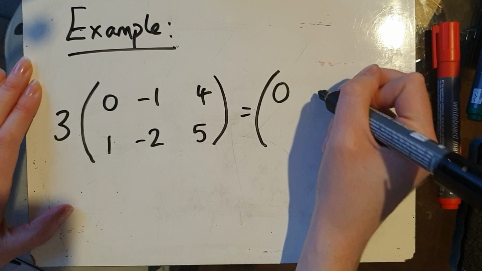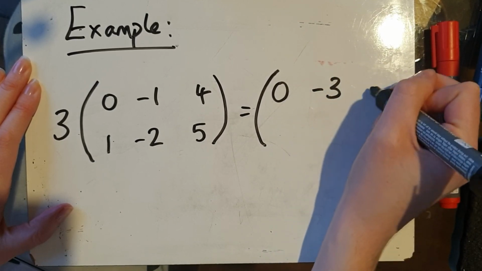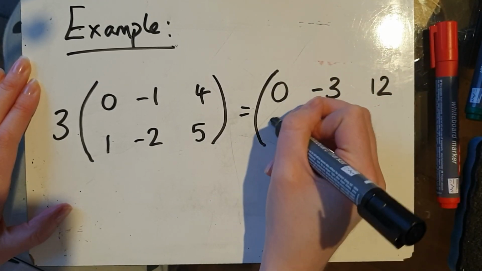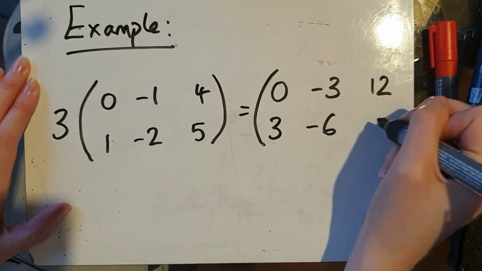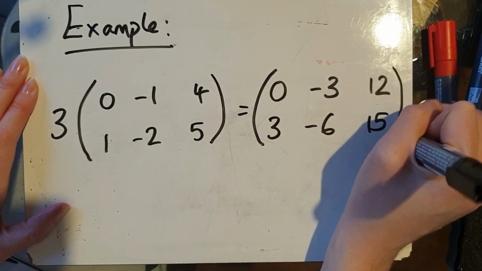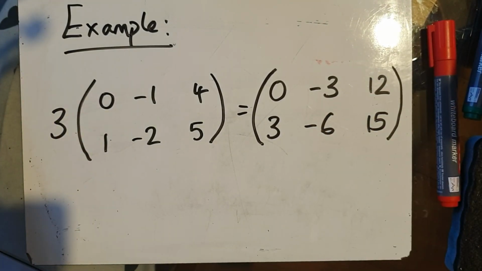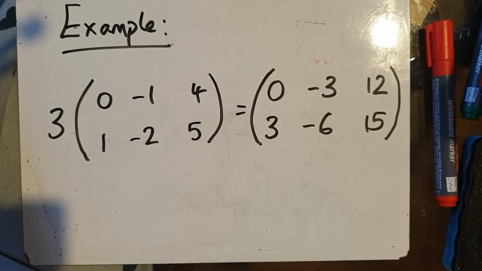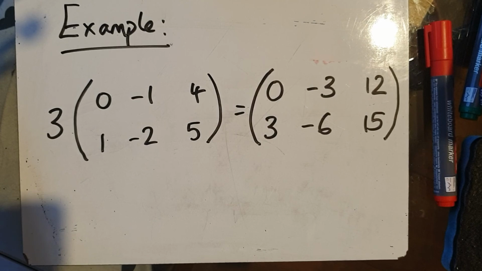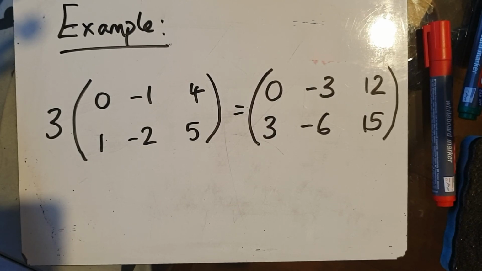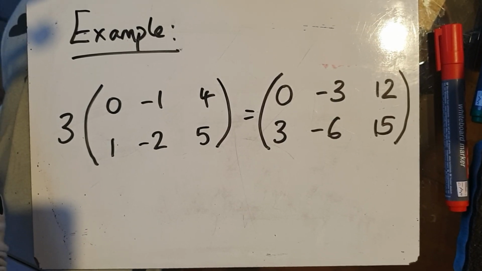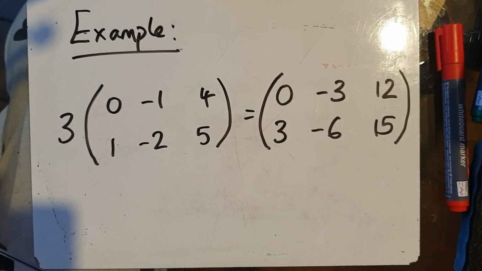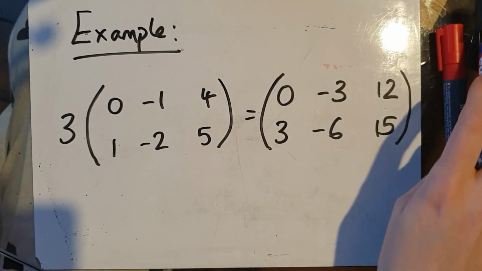So I'd have 0, -3, 12, 3, -6, 15. So to multiply a matrix by a scalar, you just multiply all of the numbers in the matrix by the scalar you're multiplying the matrix by. So that should be enough to do the next exercise 1.